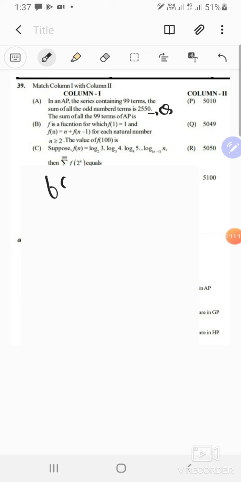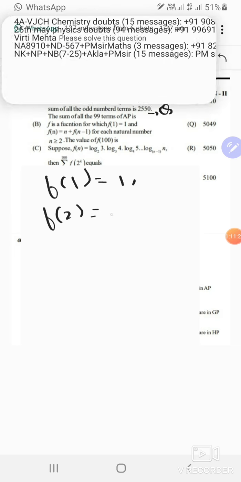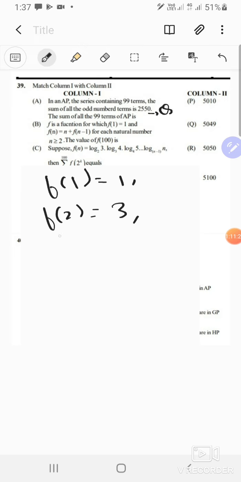So f of 1 has to be equal to 1, f of 2 has to be 2 plus f of 1, which is 3. Okay, and then f of n plus 1, that looks weird. We have to find, oh, this is nice, that brings some kind of recursion in there.